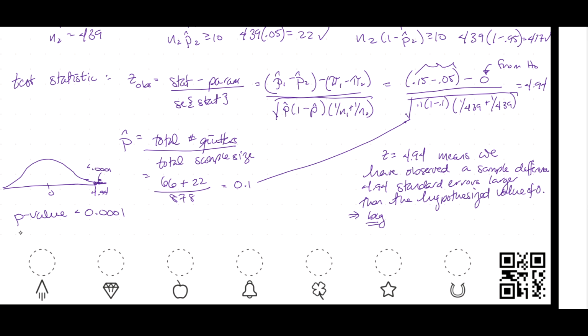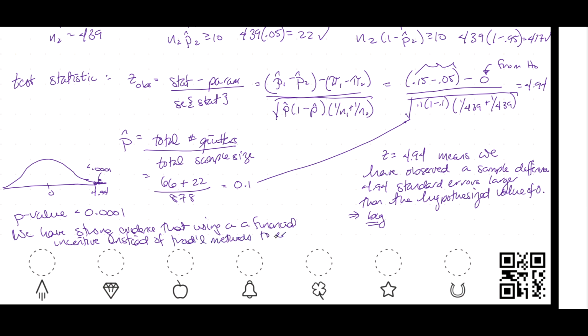I might say something like this. We have strong evidence that using a financial incentive instead of traditional methods to encourage people to quit smoking causes people to quit at a much higher rate.